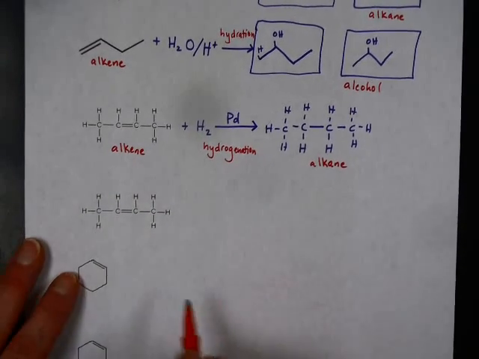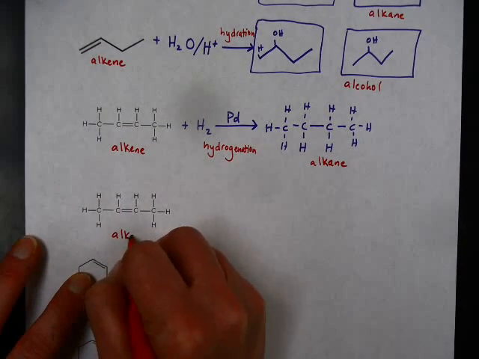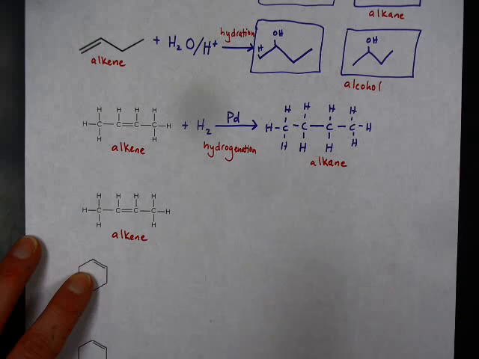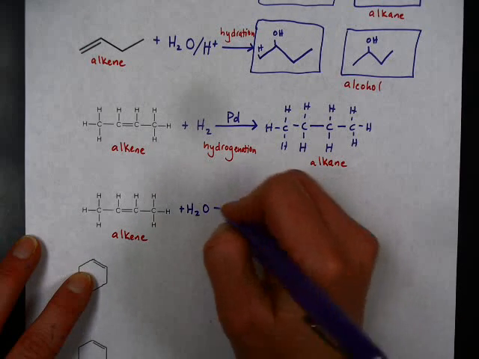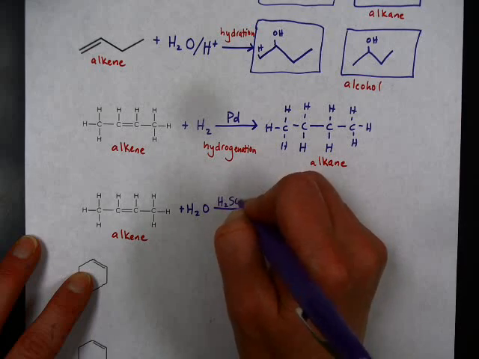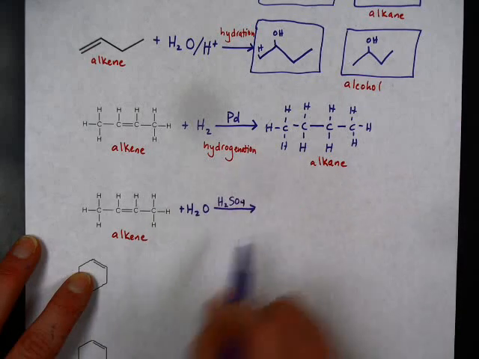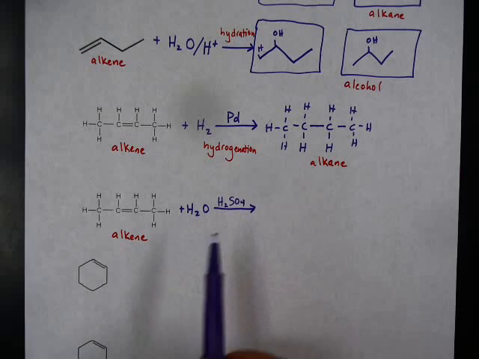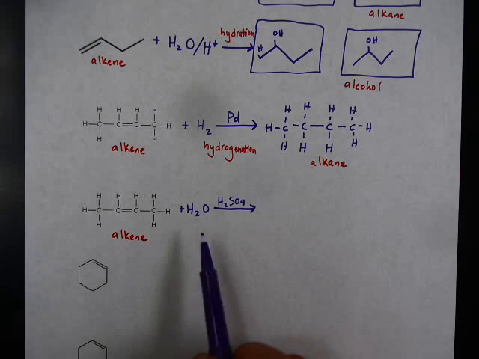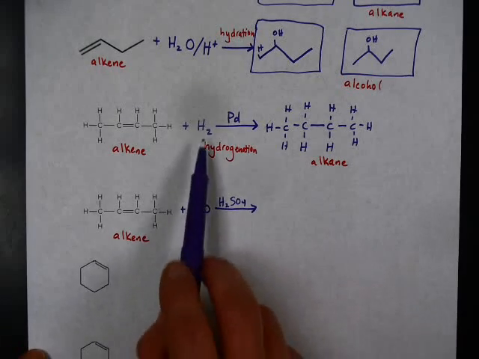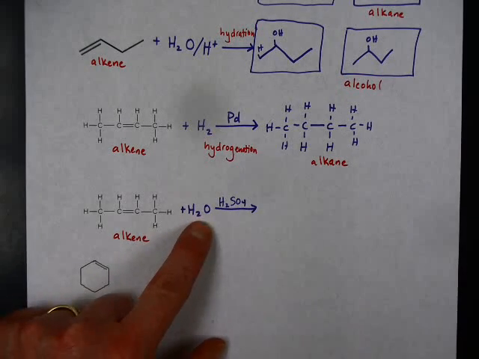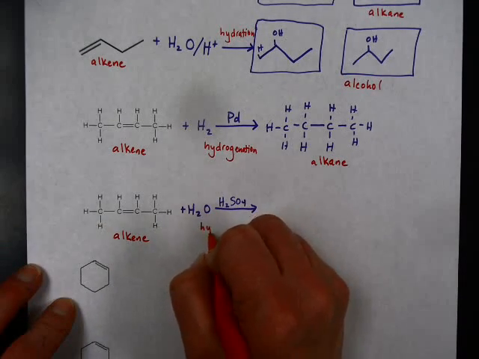This exact same alkene can react with water. You might not have seen this before, but you still know, oh, that's a catalyst, and you know that because it's written above the arrow. This will not be hydrogenation, we're adding water, so this will be hydration.